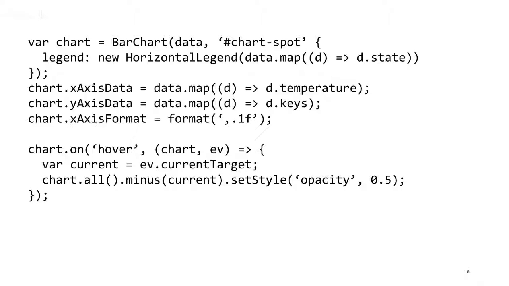We're setting the axis data, and doing some custom number formatting, which is really close to how you'd do it in D3. Finally, on hover, when a user is hovering their mouse over the chart, we have a simple API for checking what they're currently hovering on. In this case, we're setting the opacity of all the other bars to 0.5 so that what they're hovering on is highlighted.